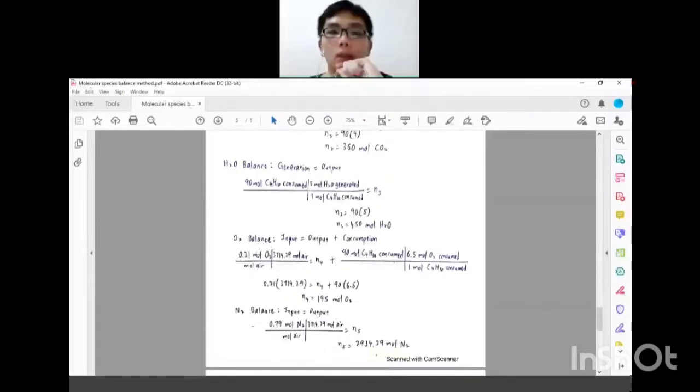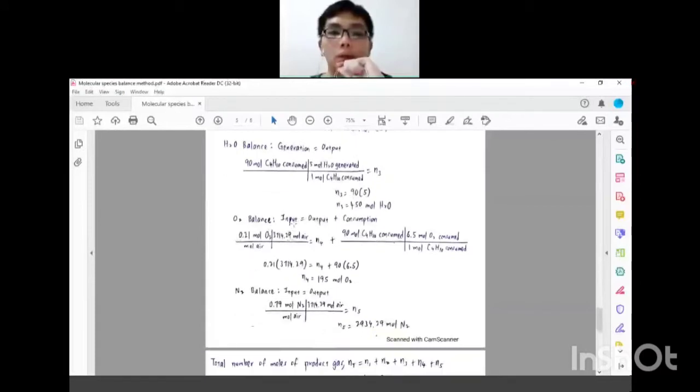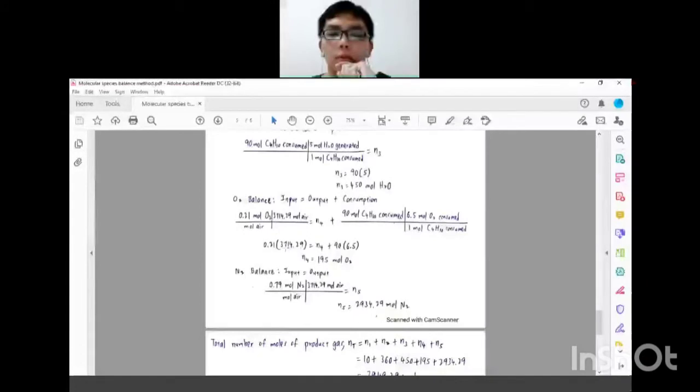And for the oxygen balance, there will be an input and output and the consumption. For the input, 0.21 mole of oxygen in 1 mole of air is multiplied by 3714.29 mole of air. So the output will be N4 plus the consumption: 90 mole of C4H10 consumed multiplied by 6.5 mole of oxygen consumed. And then calculate it.